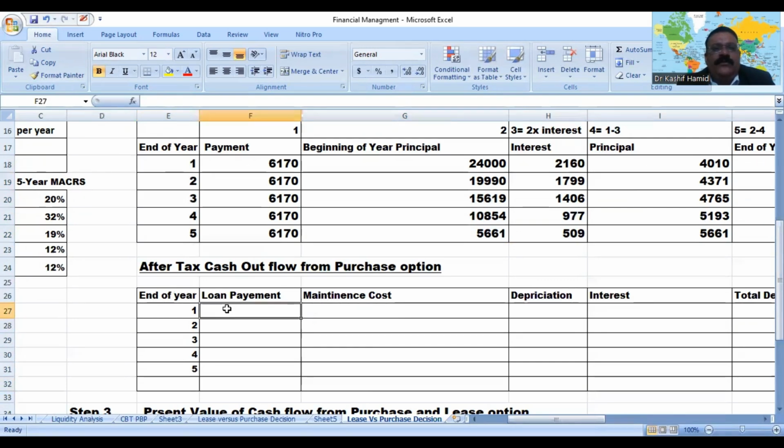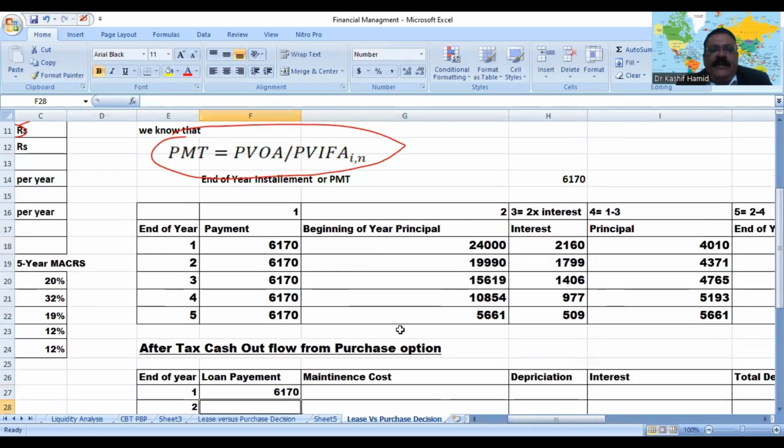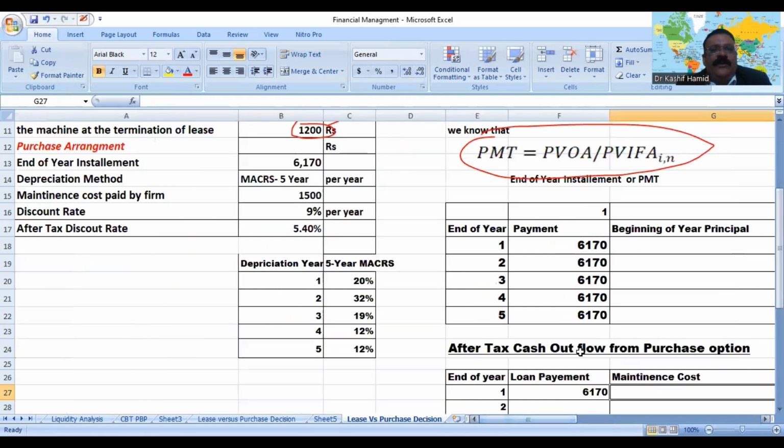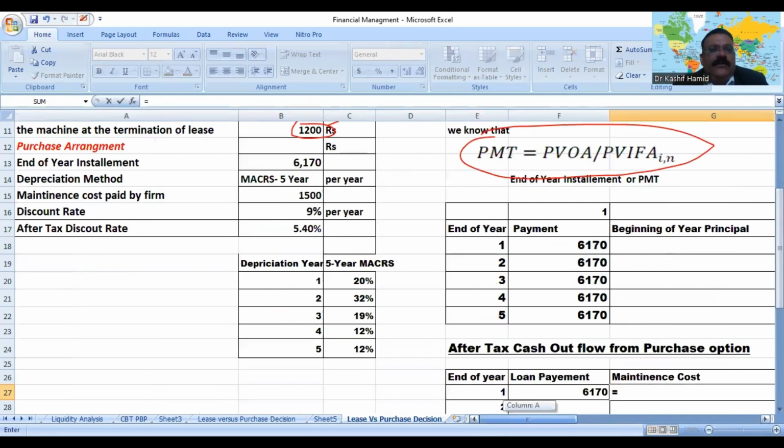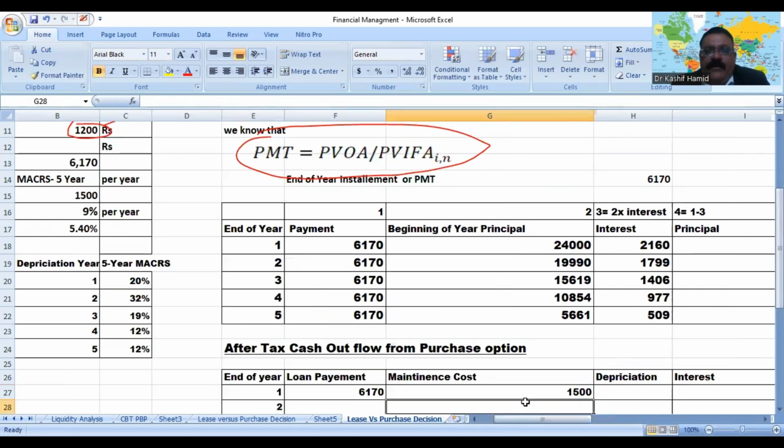The loan payment is equal to 6173, and we will fix this value by putting dollar signs, and the maintenance cost, we know in our question, is 1500, and we will make it fixed. Depreciation, let us drag these values.